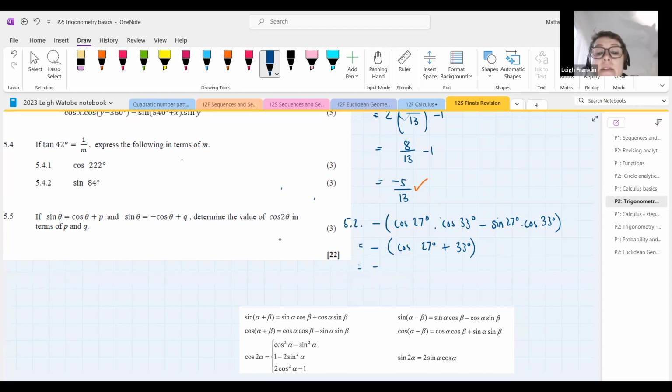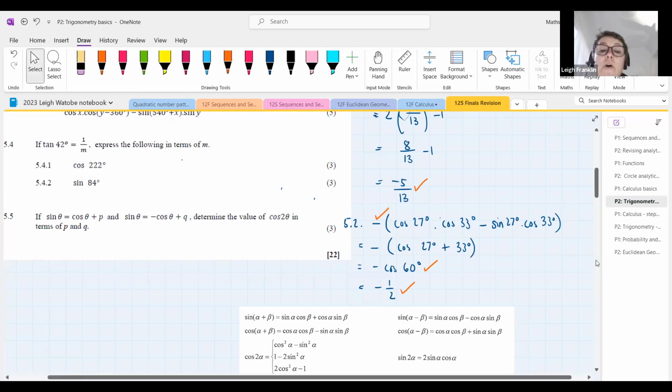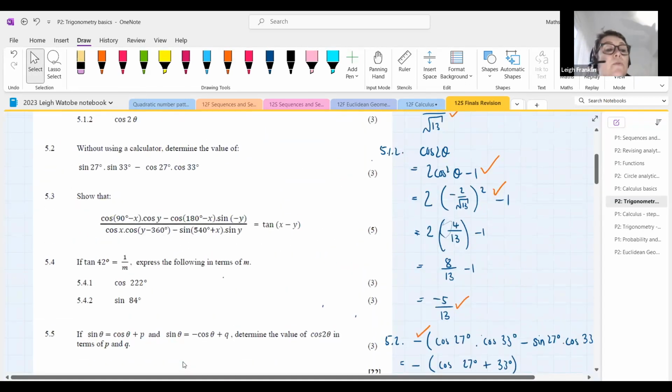So this is negative cos 60. And the cos of 60 is a half. So this is negative 1 over 2. Quick and easy, hopefully. So definitely a mark for taking out the negative, a mark on the minus cos 60, and a mark on the negative half.